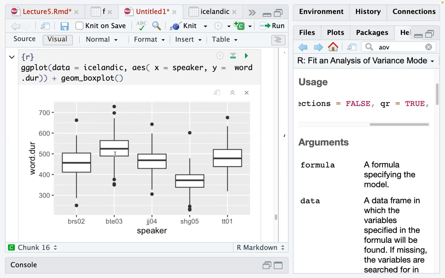Instead, if I increase the variance between the boxes, so if I display the boxes far from each other, then it is a stronger argument in favor of H1.